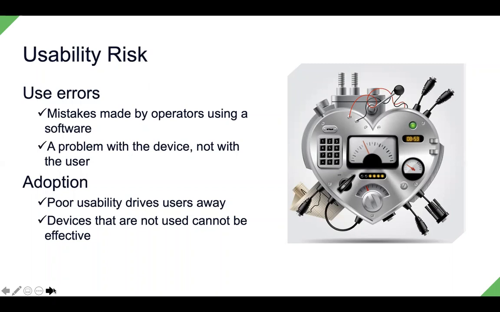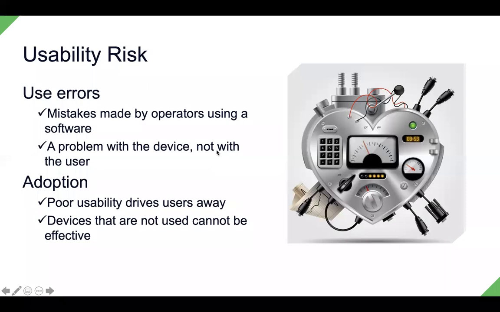They did something wrong, and therefore the whole failure or the whole situation is the fault of the user. Use error is a different concept. It's looking at the device, and the fact that a use error occurred with a device is a problem with the device, not with the user.